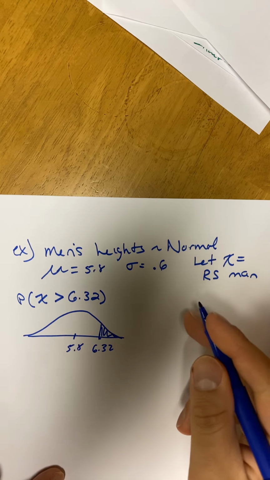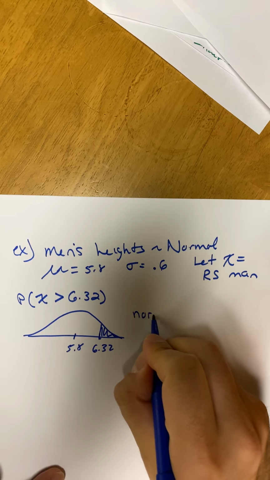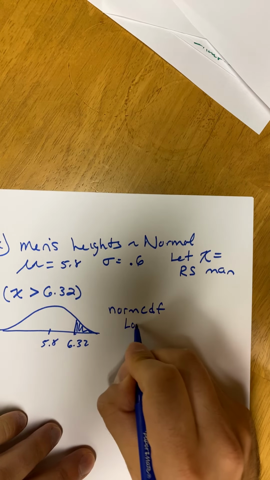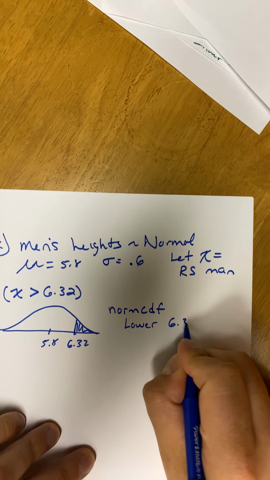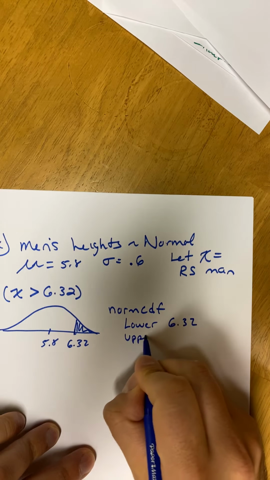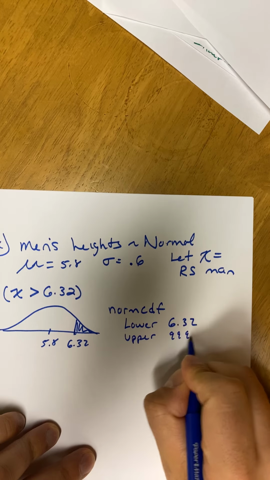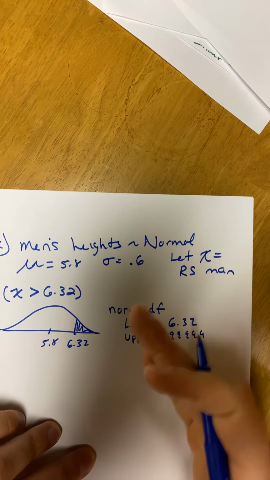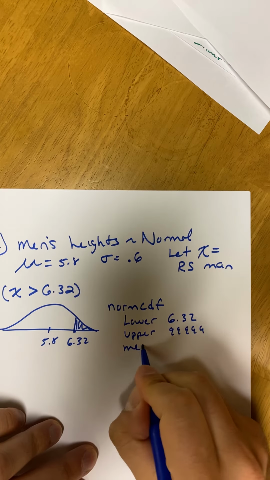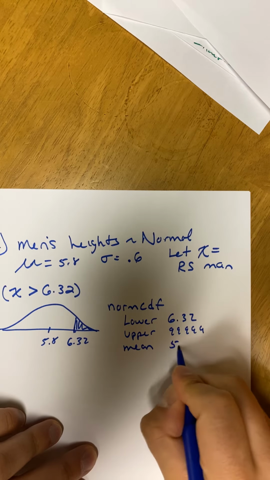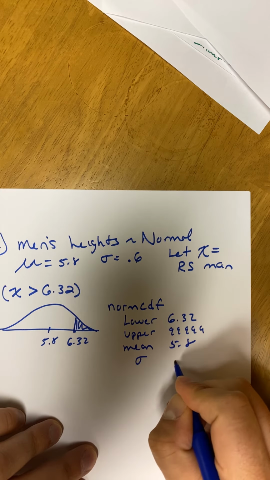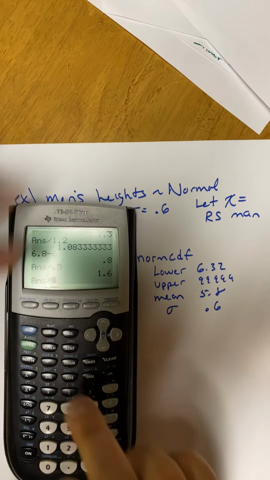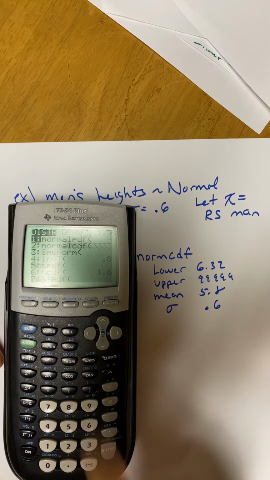The way to do that is to use normal CDF, and the lower bound is 6.32. The upper bound is 99999. Basically, you want this to be a huge number, so just put a bunch of nines. The mean is 5.8, standard deviation is 0.6. You can find this under second VARs.